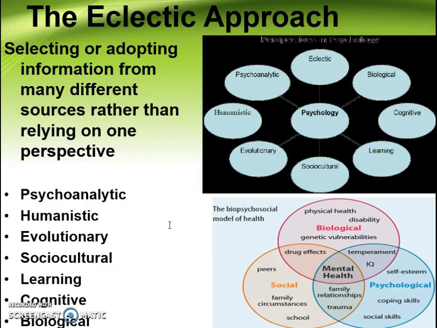Then we talked about the various perspectives of psychology, and it is important that we learn to use more than one approach because it affects our overall psychological health. Then we talked about how it is important to understand personality. So this is just a brief presentation.